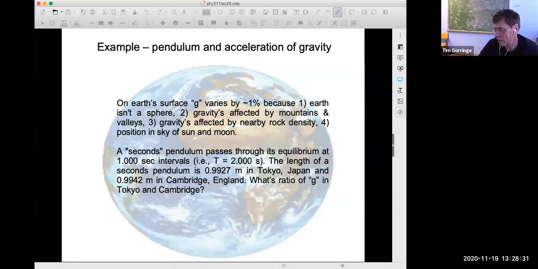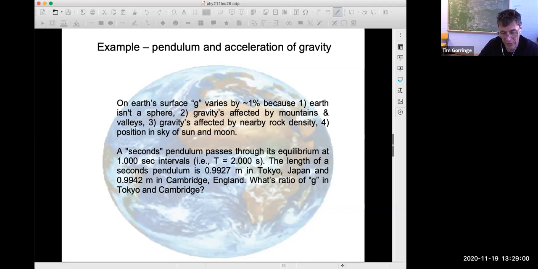One reason it varies is that, as I mentioned, Earth has a bulge, and Earth is kind of fatter at the equator than it is at the poles. And it's due to the rotation of the Earth. And that changes the acceleration of gravity as you go from the equator to the poles or poles to the equator.